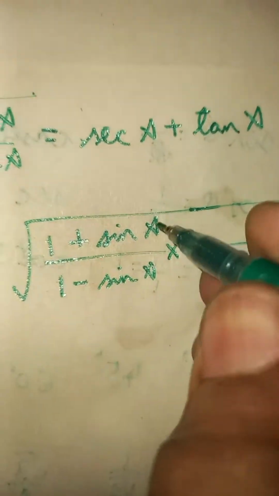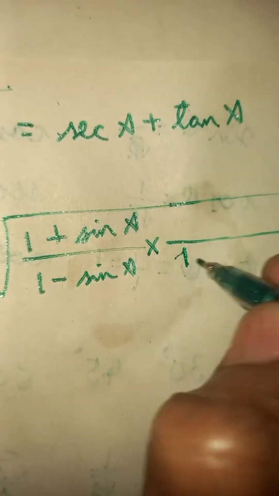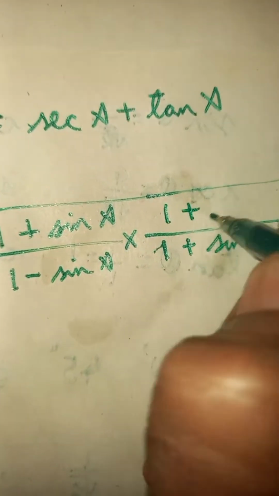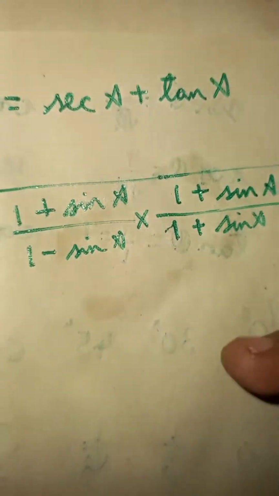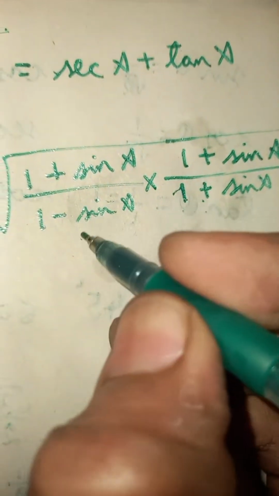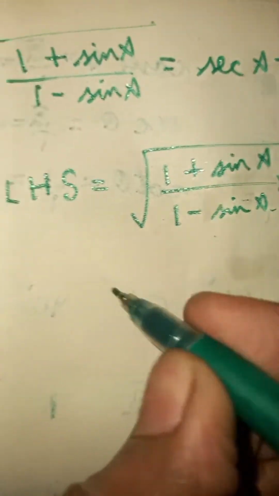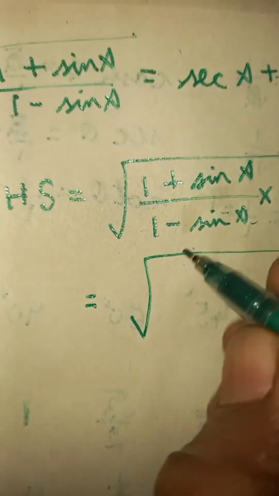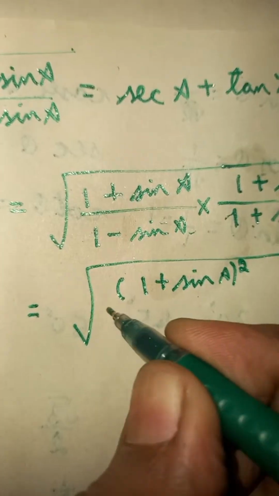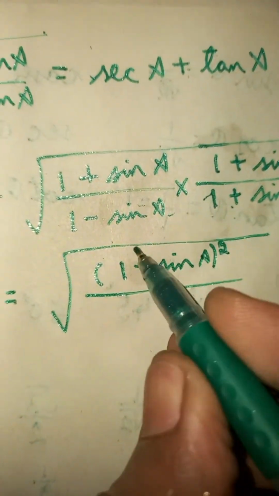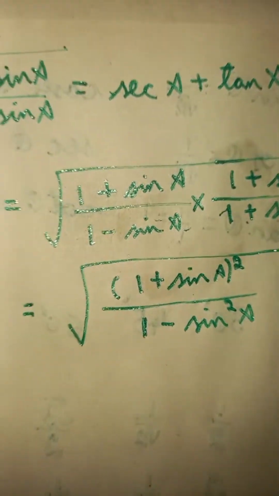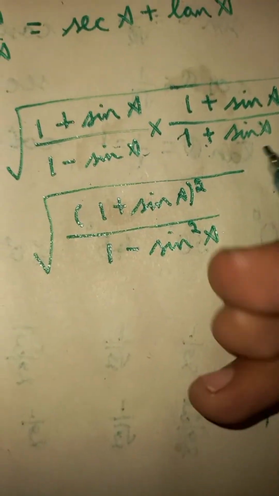This root continues with 1 plus sin A here also, and above also 1 plus sin A. Now 1 minus sin A times 1 plus sin A becomes 1 square minus sin square A. Above it remains as 1 plus sin A whole square, but below it becomes 1 minus sin square A.